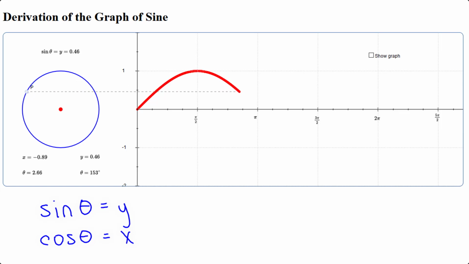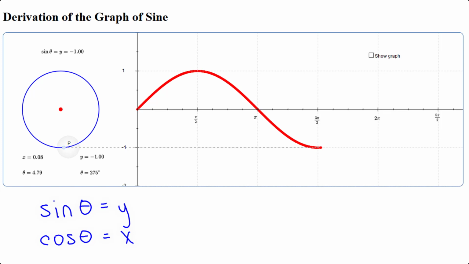And they decrease until they get to 0, and that's at a measure of pi. And as you continue rotating, they're decreasing further until they get to the minimum y value on the unit circle, which is at 270 degrees, or 3 pi over 2 radians, and that's at -1.